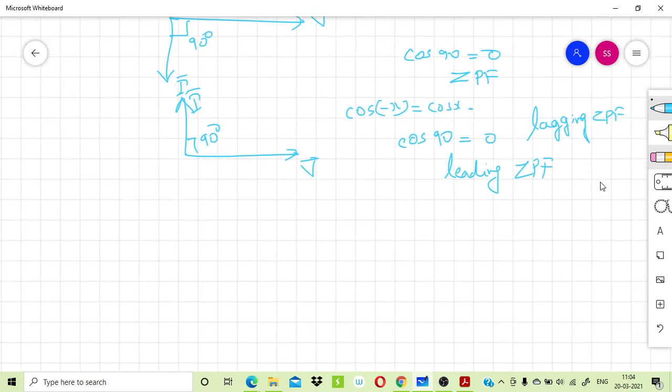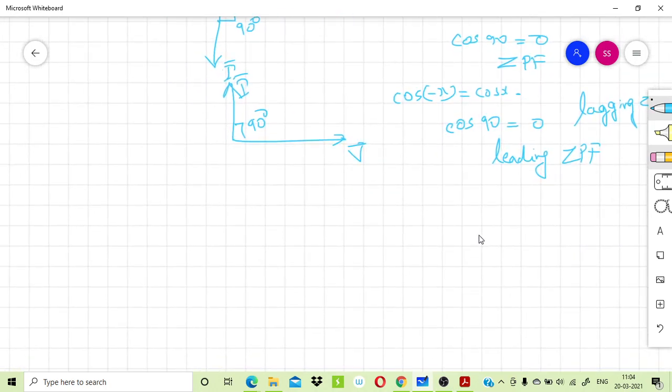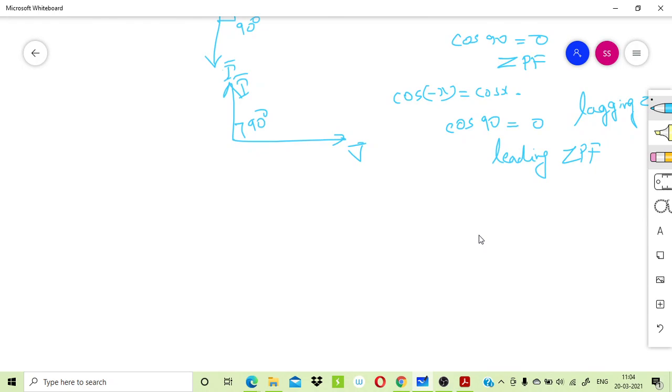These are the possibilities. Theta ranges from minus 90 degrees to 90 degrees, so the cos theta value will range from 0 to 1.